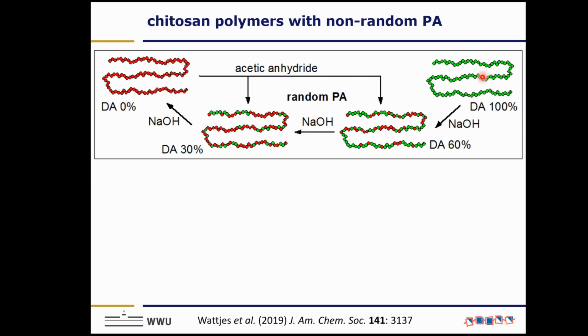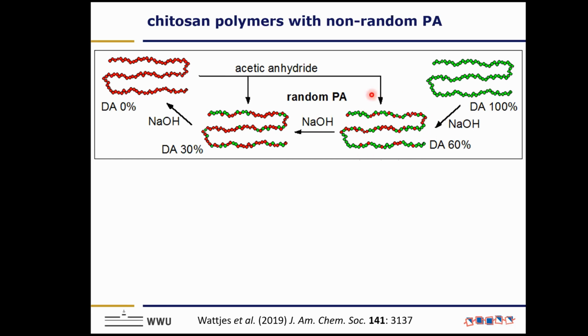So what we have to do is a first step of alkaline, chemical deacetylation to generate a chitosan with a high fraction of acetylation. Here is one of FA 0.6. This can be produced either by partial deacetylation of chitin or by partial acetylation of polyglucosamine.